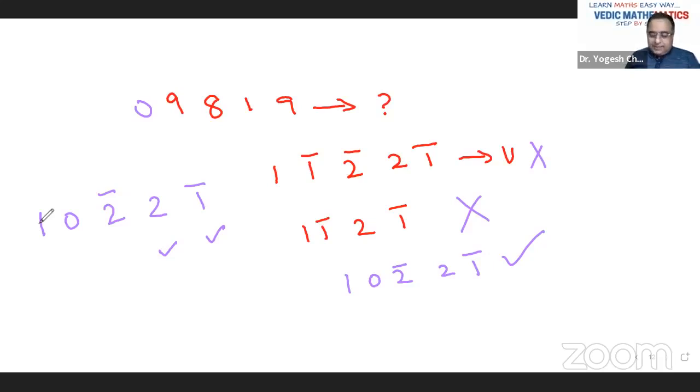Yes, Divya? Yes, sir, I'll just check. Okay, since here the number is 1, we are adding up. Then it's 9, we are using the same method. Okay, 7, 6, 5, 4, 2.